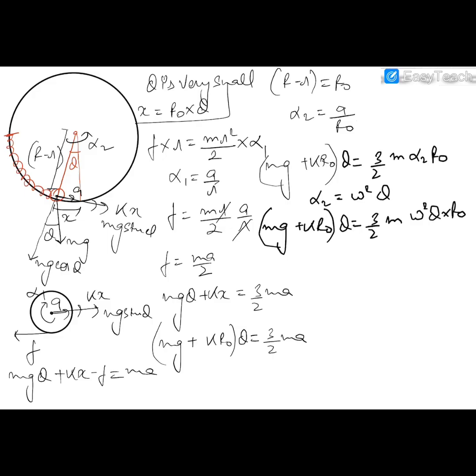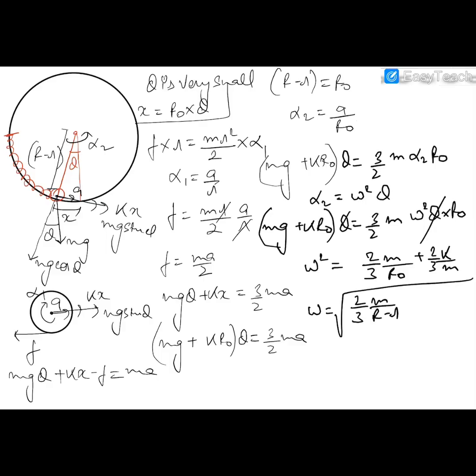So cancelling theta with theta, omega square will be equal to 2 by 3 mg divided by m r naught plus 2 by 3 k by m, and omega will be equal to under root of 2 by 3 g by R minus r plus 2 by 3 k by m.